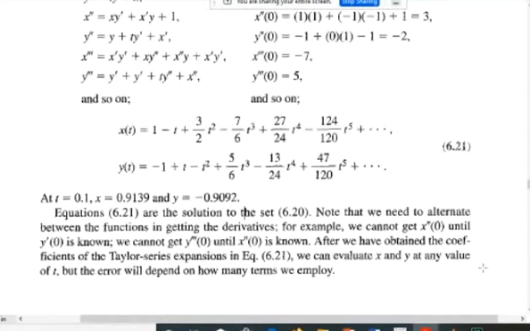This is a Taylor series approach for solving a system of first order differential equations.